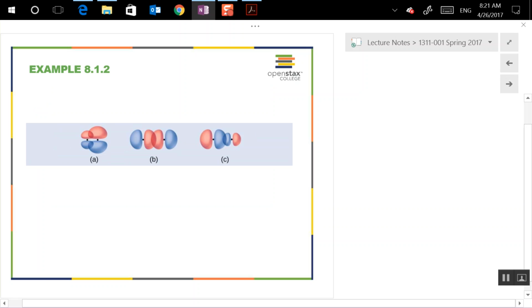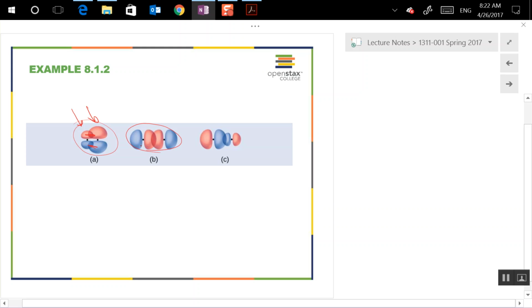So here we can see that idea. What is this, a pi or a sigma bond? This is a pi bond because we have the overlap up and down between the dumbbell orbitals. Maybe this is energy level 2 and this is energy level 3, but they're still overlapping like that.